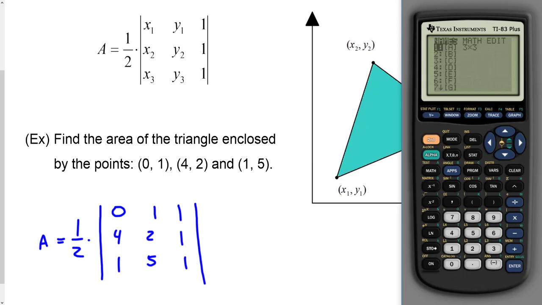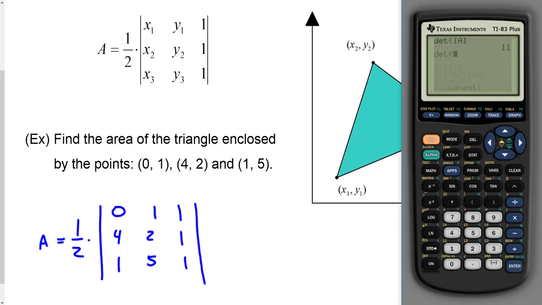So I'm going to go into my matrix editor, edit matrix A to reflect these values. So 0, 1, 1, 4, 2, 1, 1, 5, 1, and quit out of here.